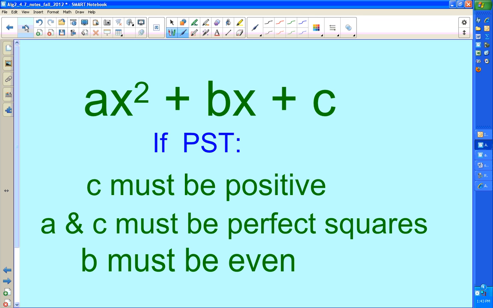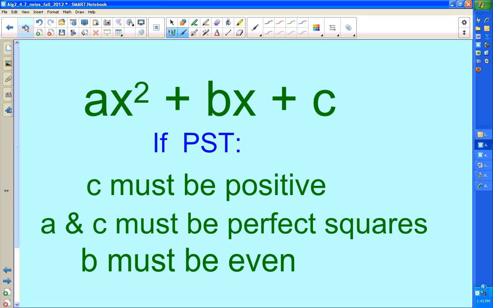Thanks. If C is negative, it can't be a PST. A and C have to be perfect squares. So if A or C is not a perfect square, then it can't be a PST. And there's no way that you can have a PST if B is off.